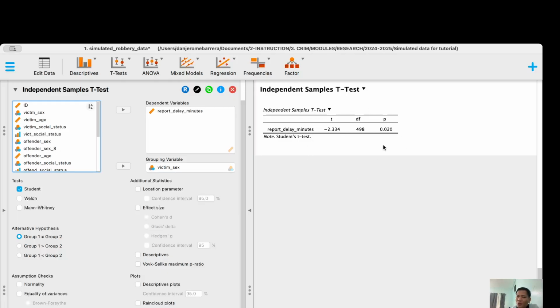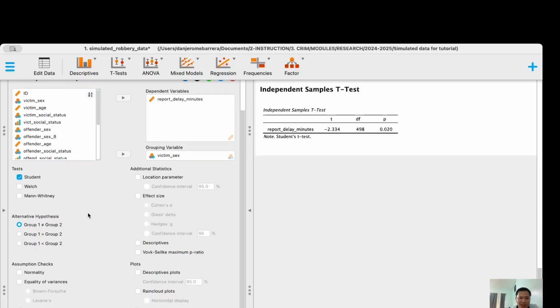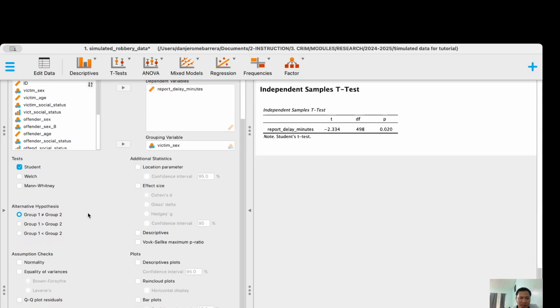How do we determine whether it is the males or the female group that has lower length of reporting delays or higher reporting delays? Let's go back to the statistics box and let us look for the descriptives here.